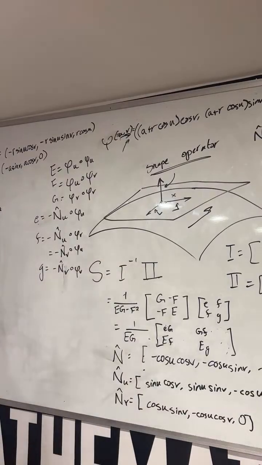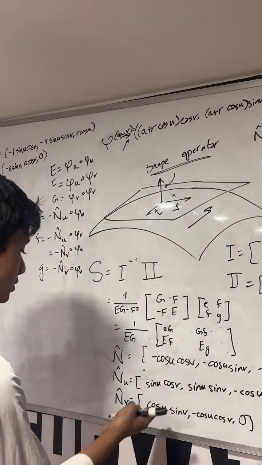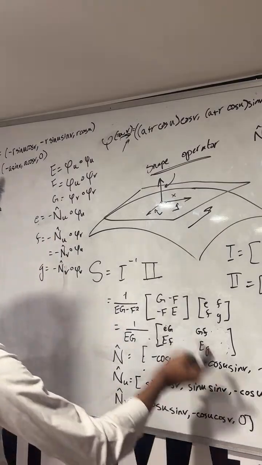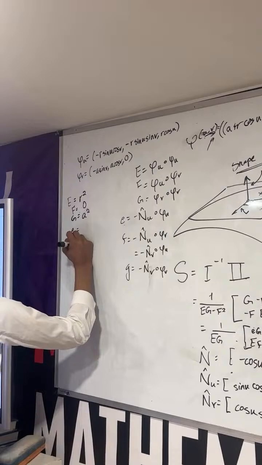Okay, so now E is going to be minus nu dot phi u. So nu is over here, phi u is up there. This is just going to be minus multiplied by minus r sine u cosine v.